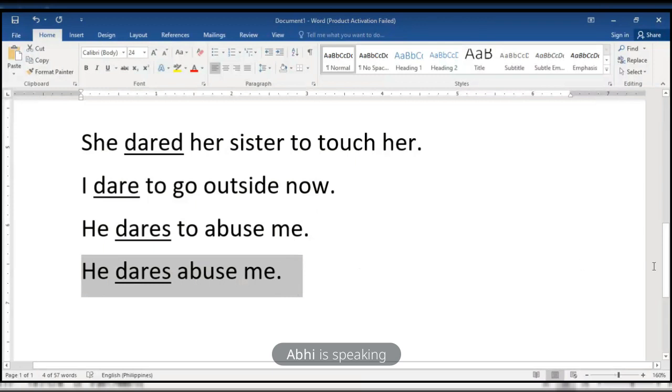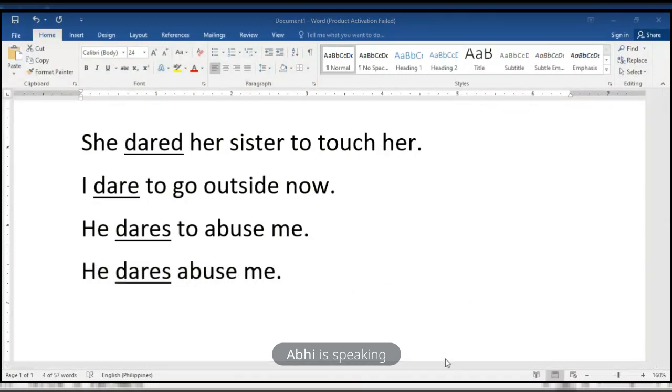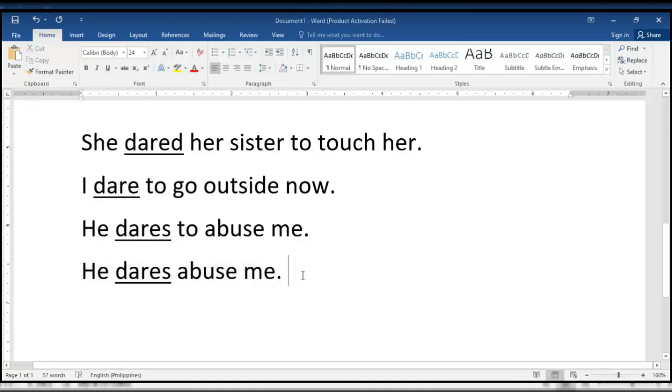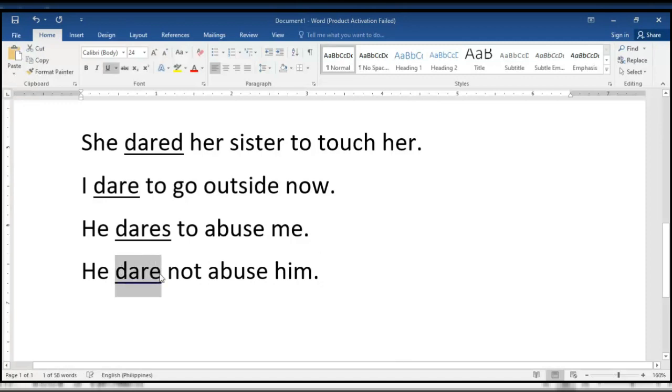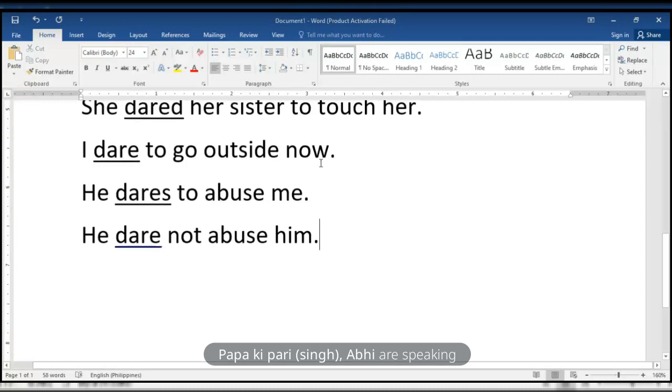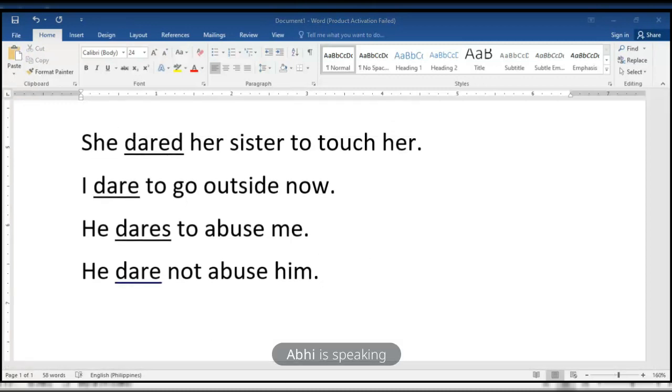Without that, the sentence is incomplete or wrong, you can say. But if I say he dare not abuse him, here we are using dare as a modal.